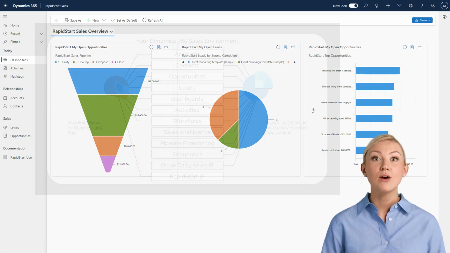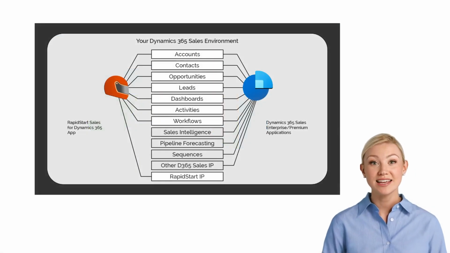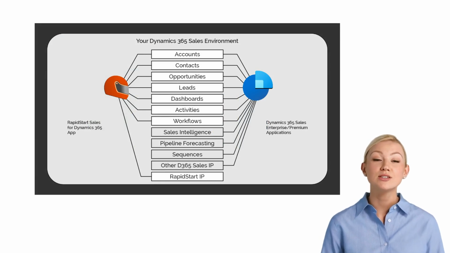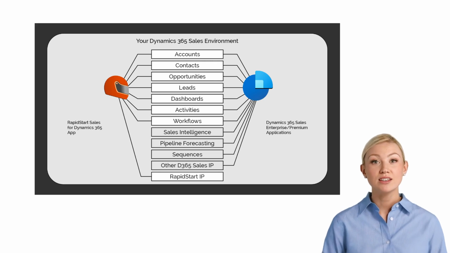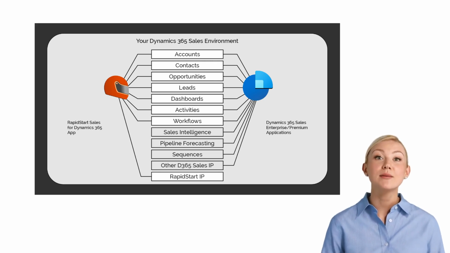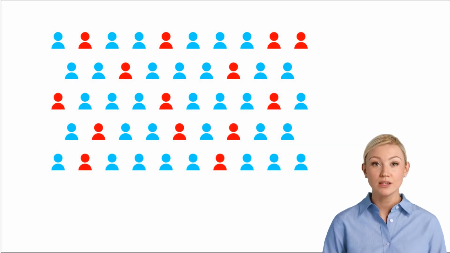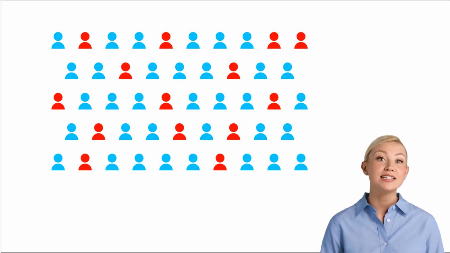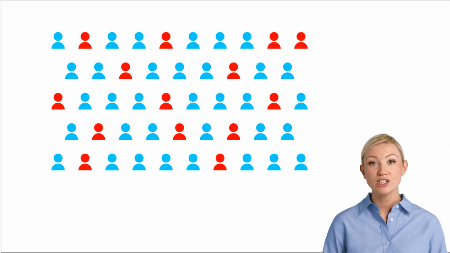Now, before you run off and cancel any of your current licenses, you should understand that RapidStart Sales for Dynamics 365 is an alternative to, not a replacement for, Dynamics 365 sales. It is designed for a specific type of user. Those users in your organization who do not require all of the features of the Dynamics 365 sales apps to perform their jobs.